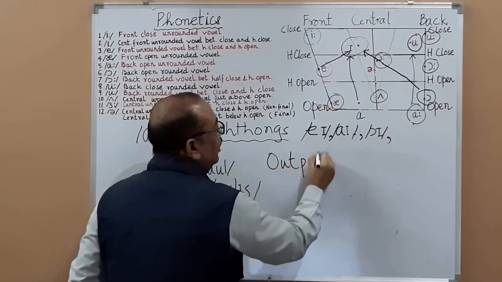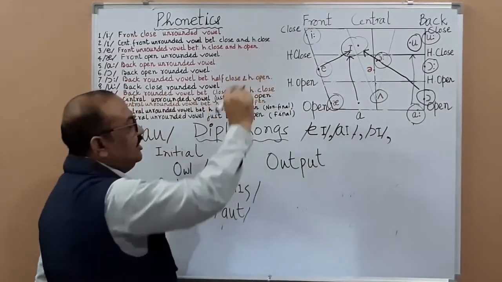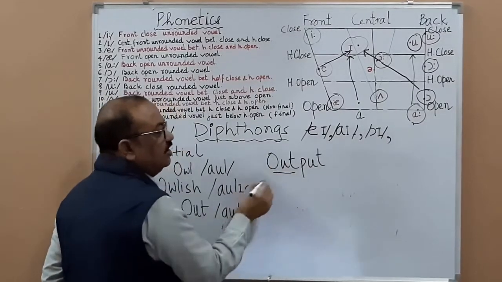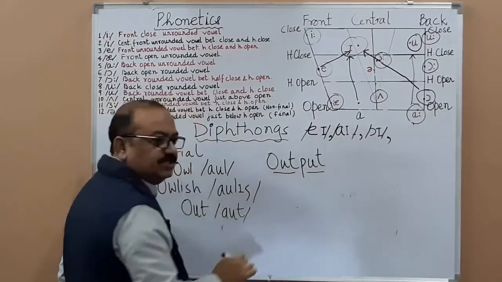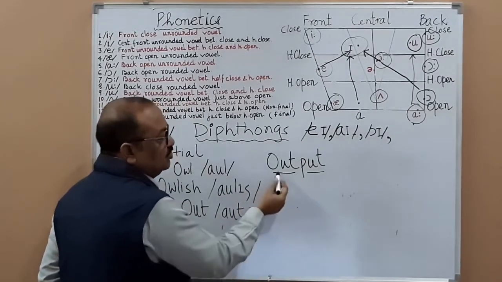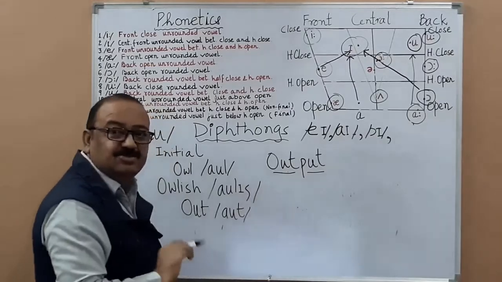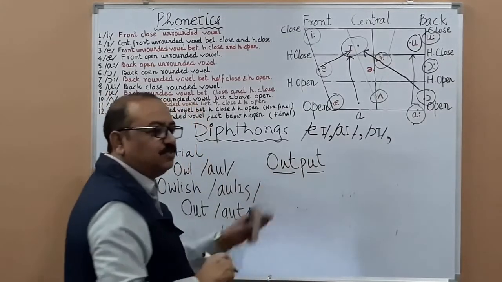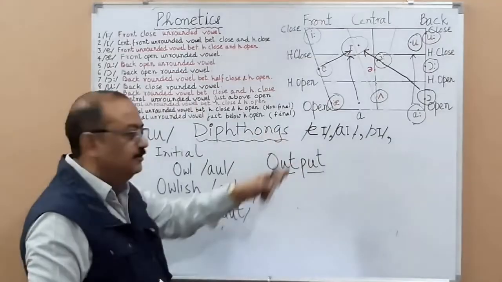Now see, why do we need these phonetic symbols? We need them because this is pronounced as out, whereas this is pronounced as put. Otherwise, this could have been read differently, but this is output. That is why you need diphthongs here.